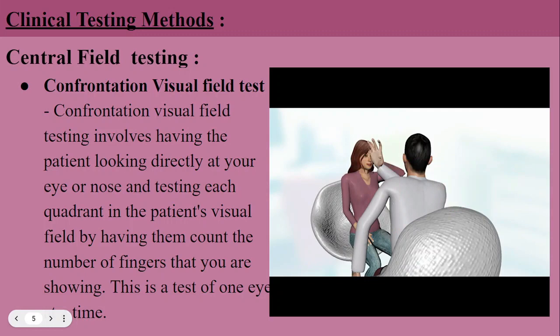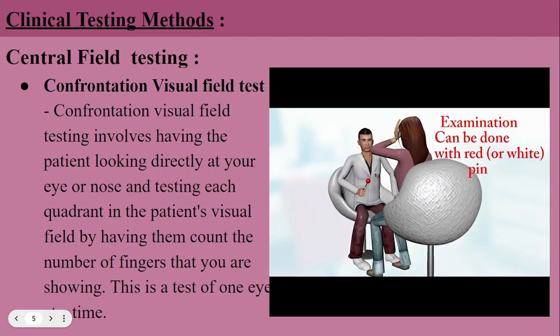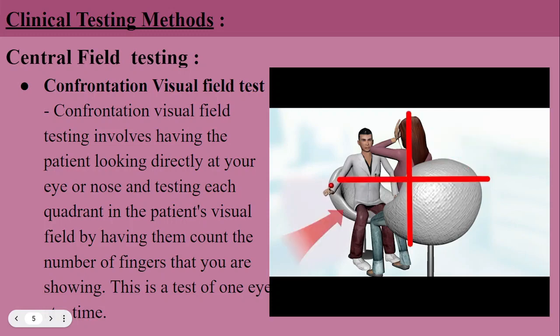It is important to note that a confrontation visual field test is not a substitute for more comprehensive visual field testing methods such as automated perimetry or Goldmann visual field testing, which are necessary for detecting more subtle or peripheral visual field defects.